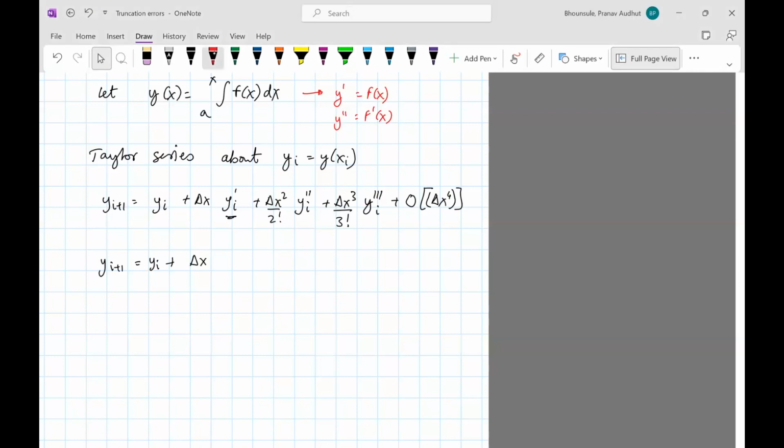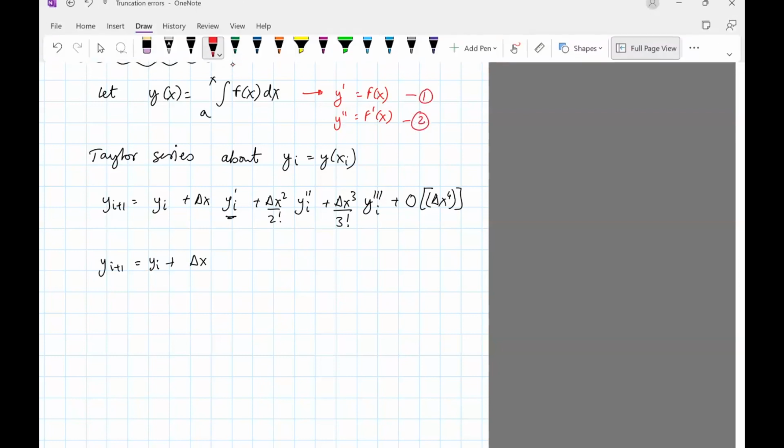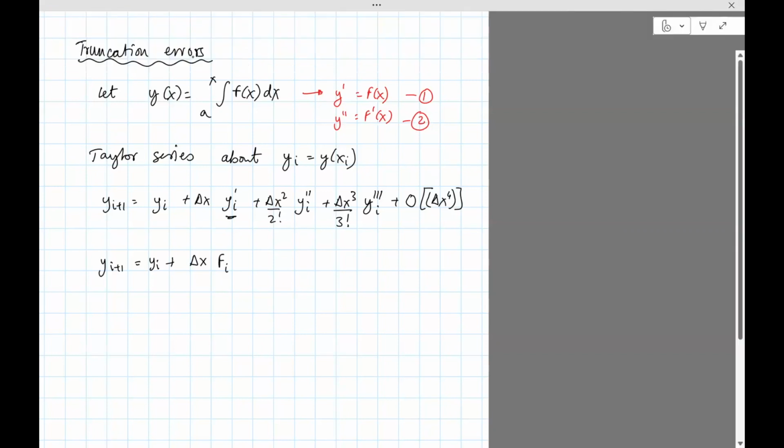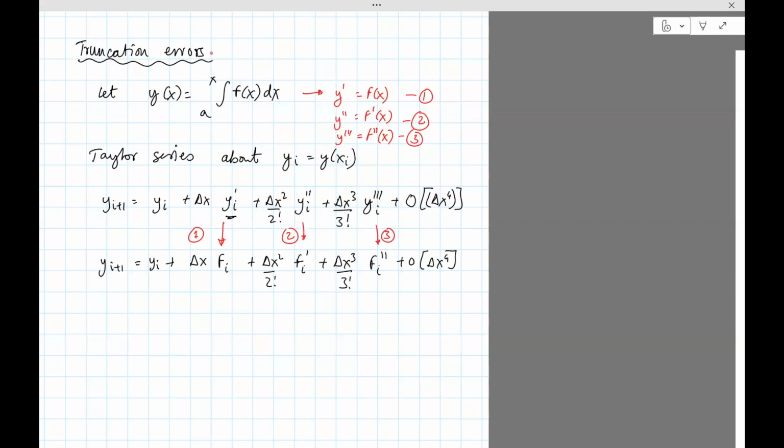Let's call these 1, 2 and 3, just to indicate which term came from which equation.